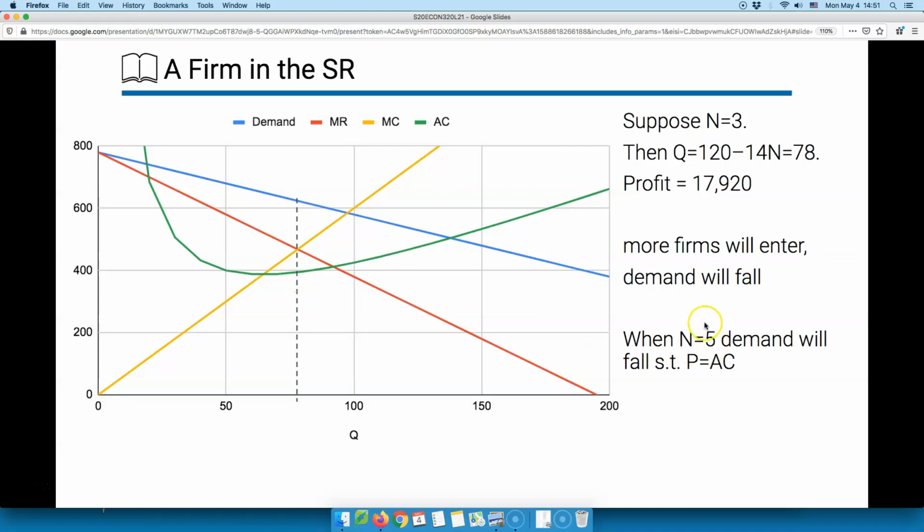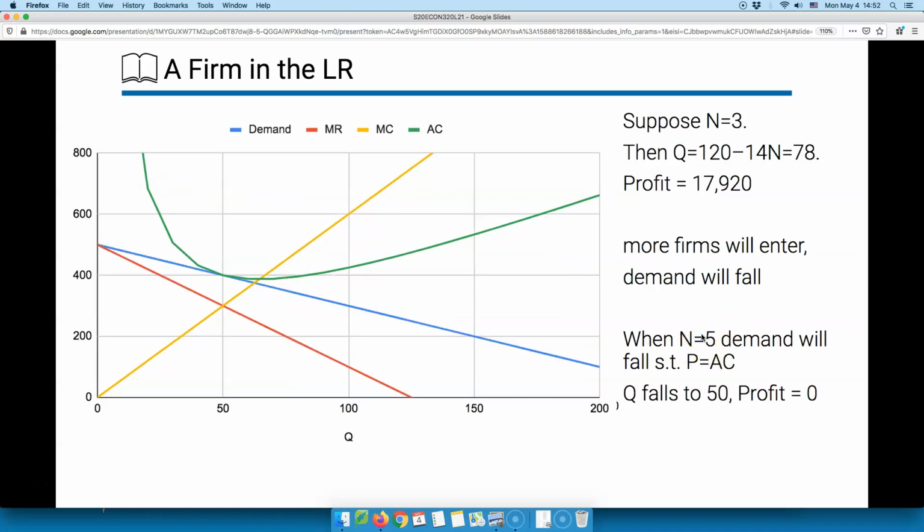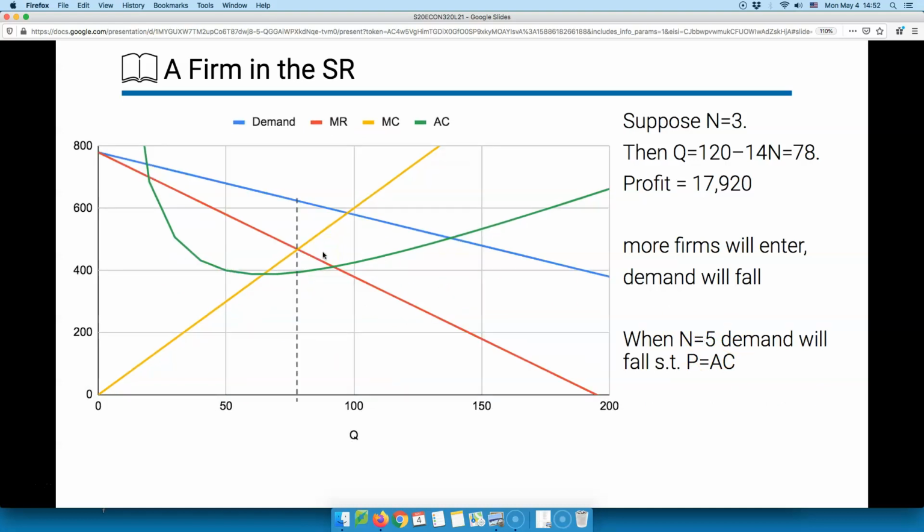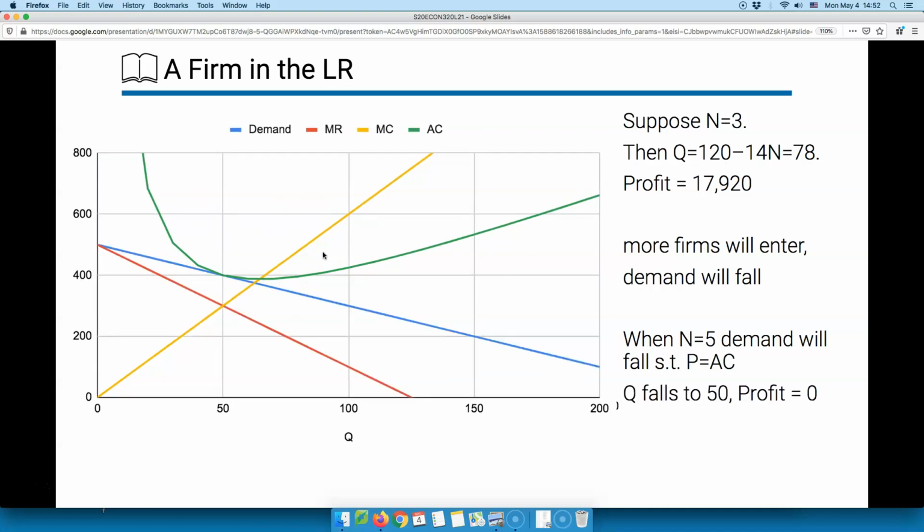And this is what's going to happen when the number of firms reaches 5. So graphically, and I'm going to go back so that you can see the difference. Average cost stay the same, but demand is going to shrink to the extent that at the profit maximizing level of output, average cost is just barely tangent to the demand.